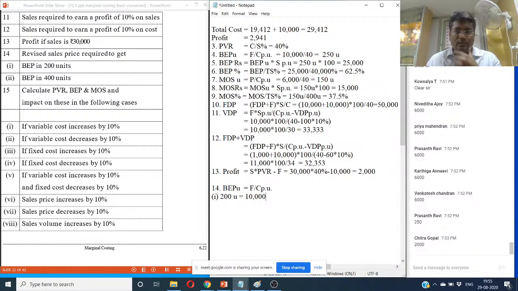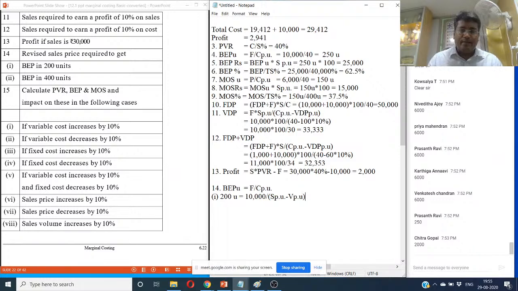What is contribution? Contribution is nothing but sales per unit minus variable cost per unit. I expanded the contribution here, because we are going to find out the revised sale price. Assume that the sale price is not given, the others are given.